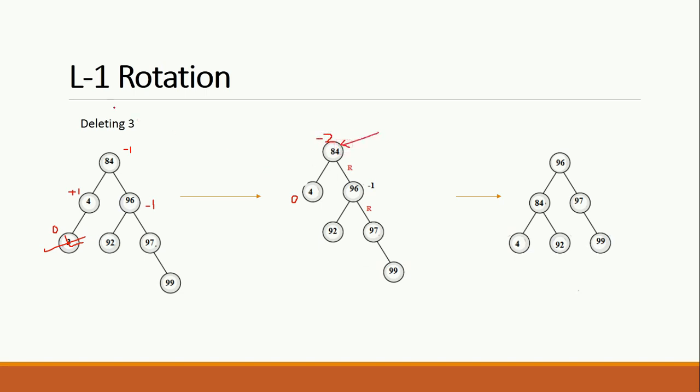I am deleting in the left subtree, the L. Find the right child, or better to call it the sibling of 4, the descendant of the node where you have a violation. The 84 node has a violation, who is the immediate descendant? 96. What is the balance factor? Minus 1.